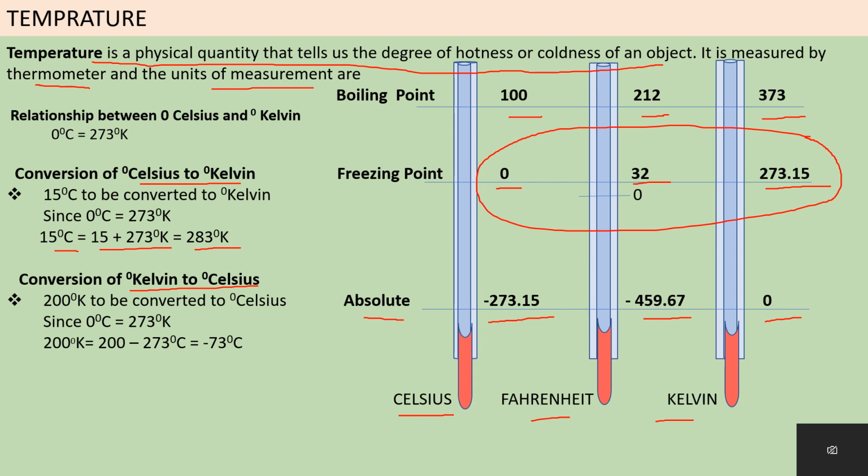So once you add 273, it becomes degree Kelvin. Similarly, 200 degree Kelvin is converted to degree centigrade by subtracting 273. So I have not written K here. 200 minus 273 degrees centigrade becomes minus 73 degrees centigrade. Celsius and centigrade are the same. Celsius is a new term for centigrade.